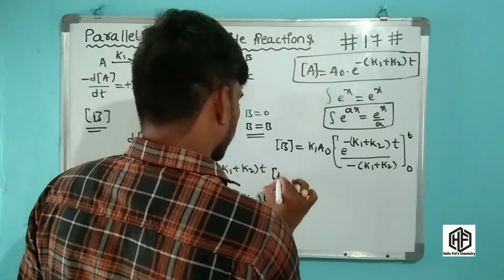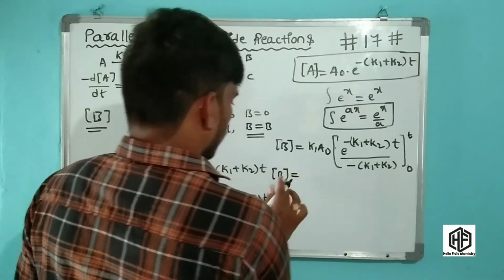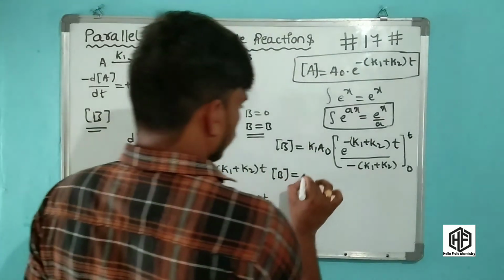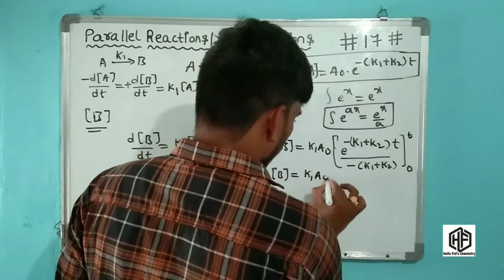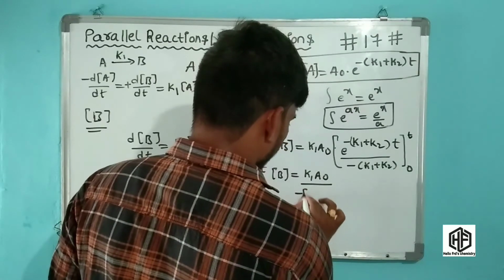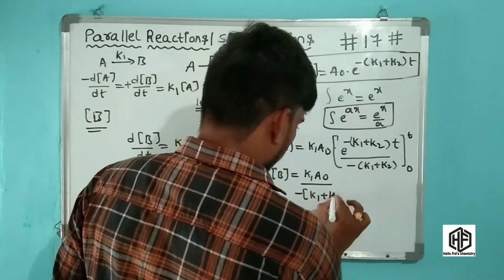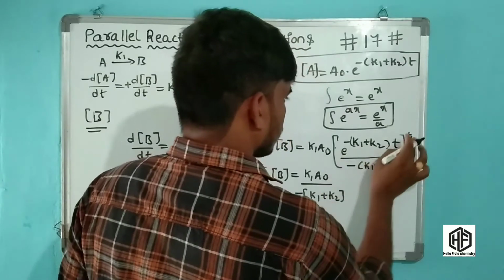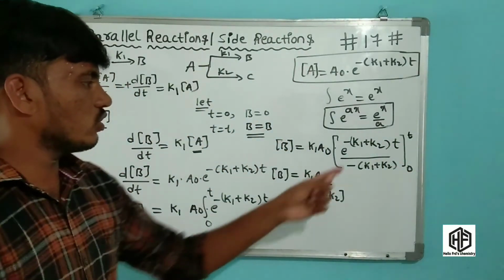Now the concentration of B is equal to k1 into A naught, and this term is common, divided by minus (k1 plus k2). Now the upper and lower limits are applied to this expression.